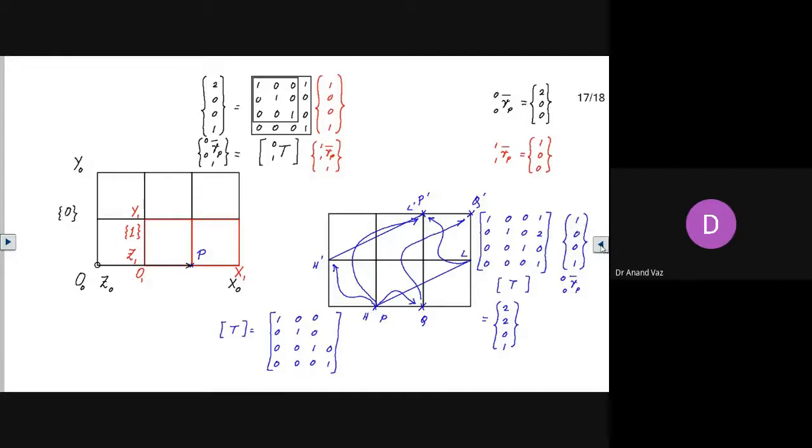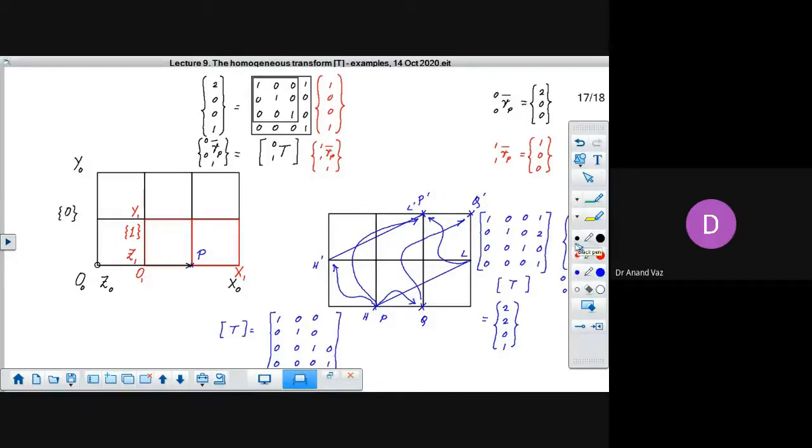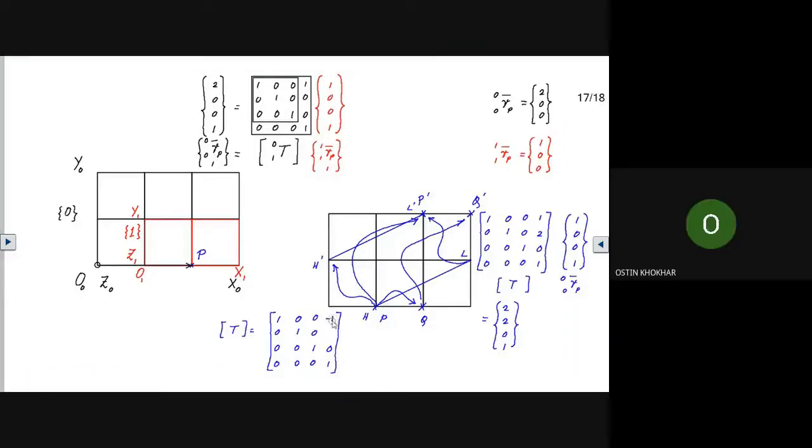Okay. So along the x direction, how much do we wish to go? -1. Along the y direction? +1. Okay.